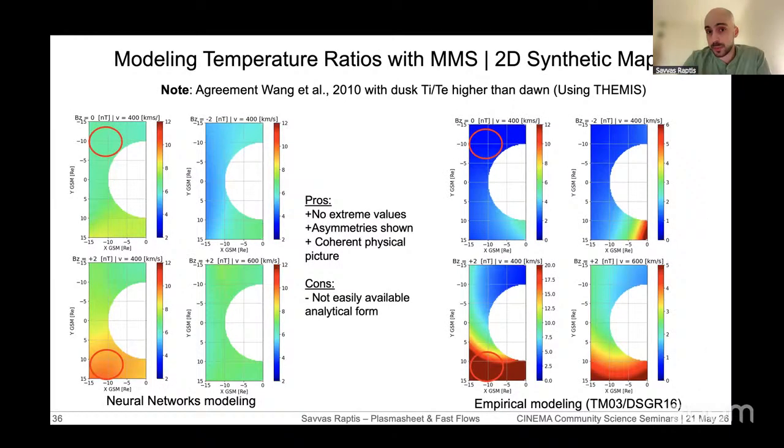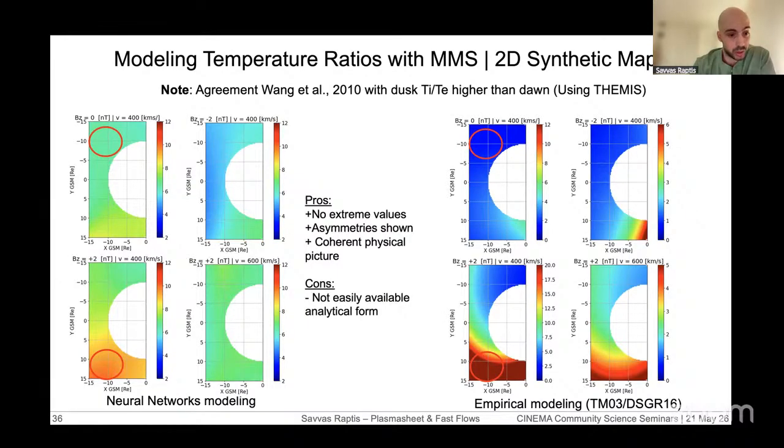We can do the same experiment now by looking at a more complex quantity, such as the temperature ratio between ions and electrons. What we see here is that with our approach, we get relatively fewer spikes, fewer high values, and we also generate asymmetries that are expected from the literature.